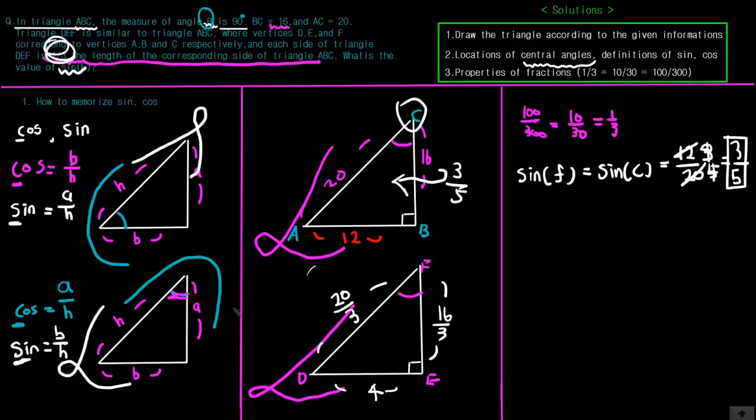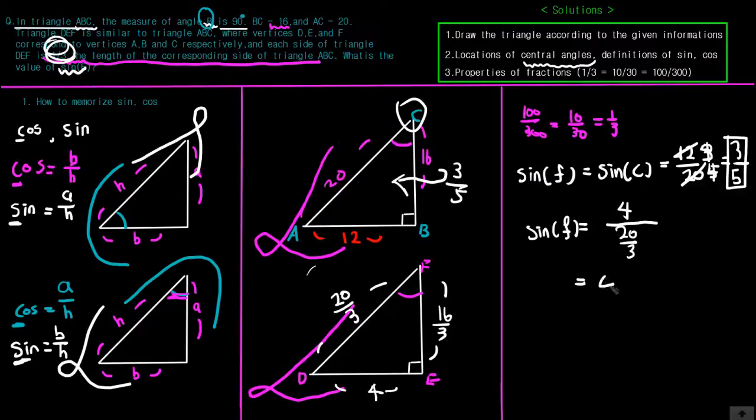And we can say that our sine always starts from the hypotenuse and goes all the way down, which means the sine of F is equal to the ending line over the starting line. The starting line is going to be the denominator, which is 20 over 3. In the numerator, it is going to be the ending line, which is 4. And we can simplify it.